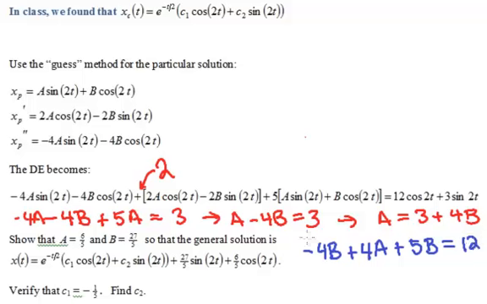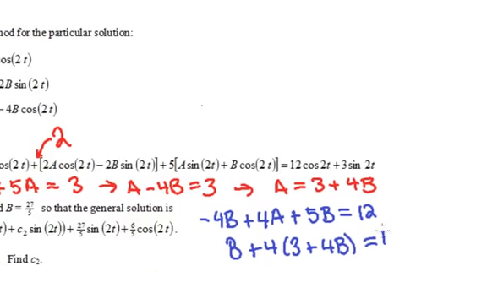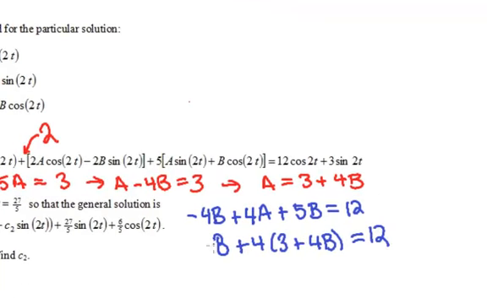So I'm going to combine the b terms and substitute in for a. So negative 4b plus 5b is just b, plus 4 times 3 plus 4b equals 12. And if we distribute through, I'd get b plus 12 plus 16b equals 12.